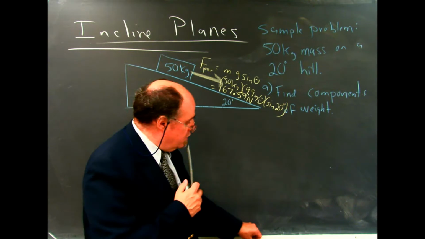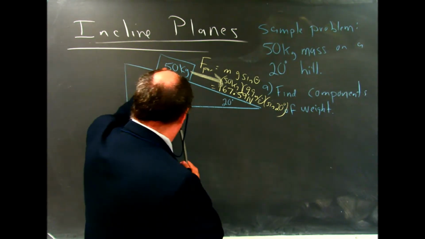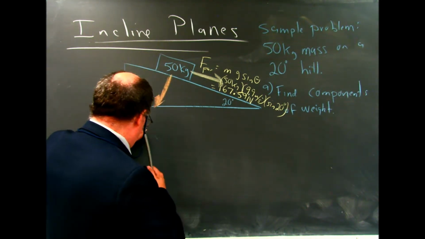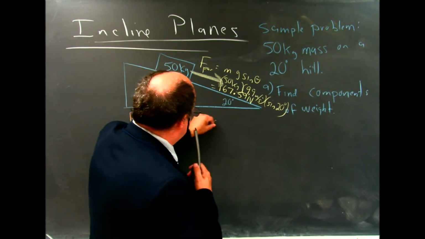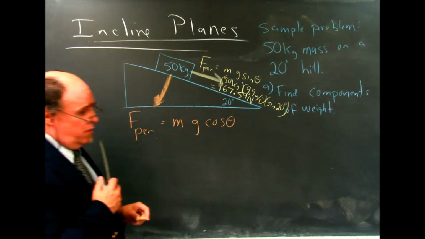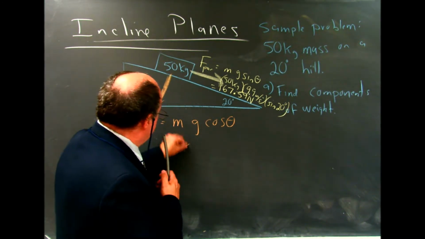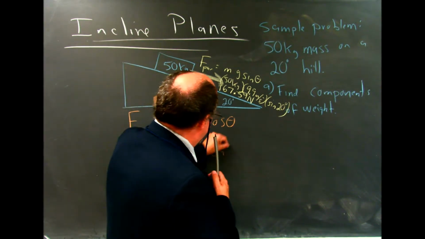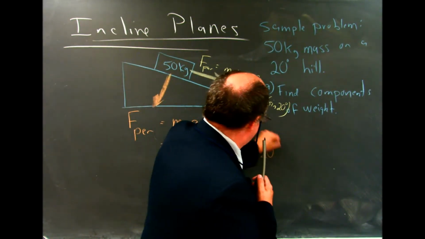Okay. And I could find the other one. What is the force going perpendicular into the hill? So I could find a piece of the weight going this way, and this one will be called force perpendicular. So that equals m times g times the cosine of the angle. I could plug that in. So the m is 50 kilograms, and the g is the number 9.8, and it's the cosine of 20 degrees.